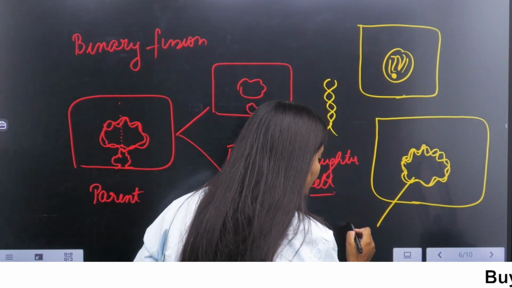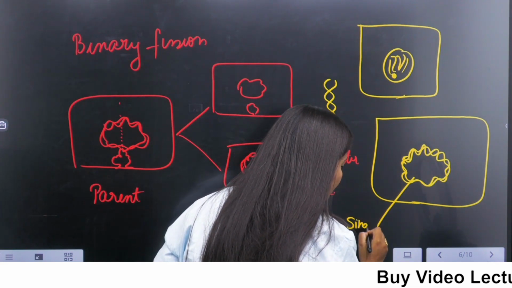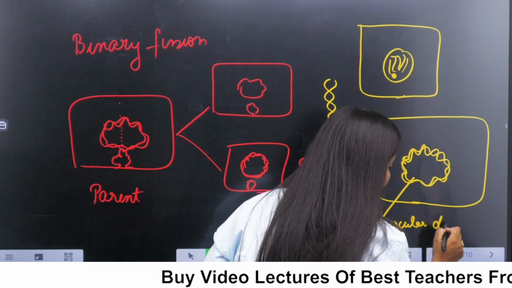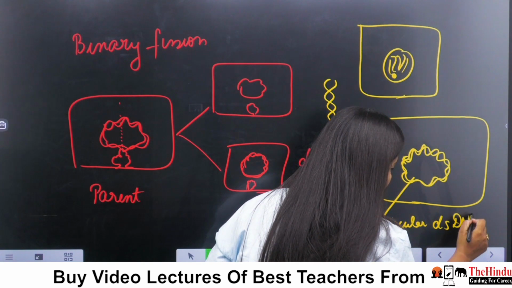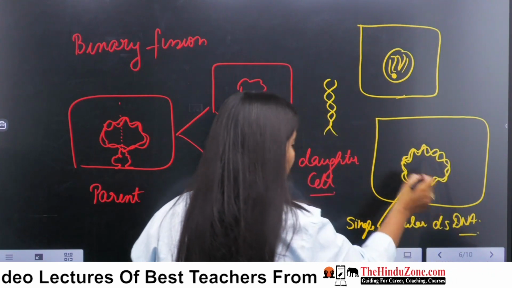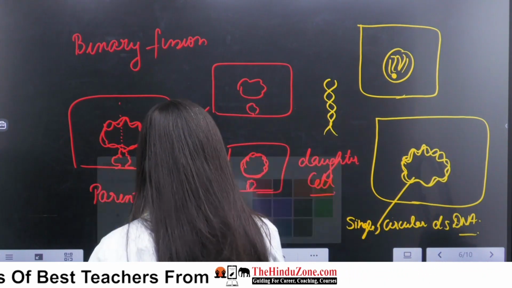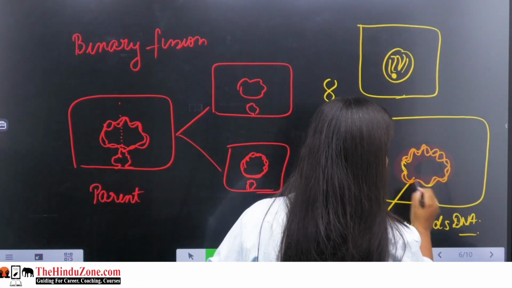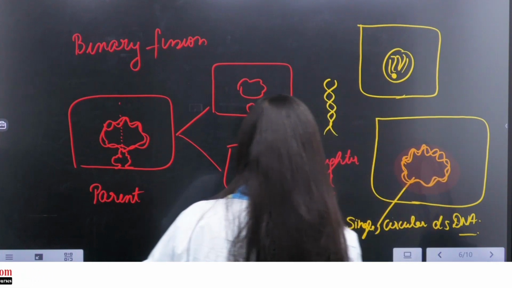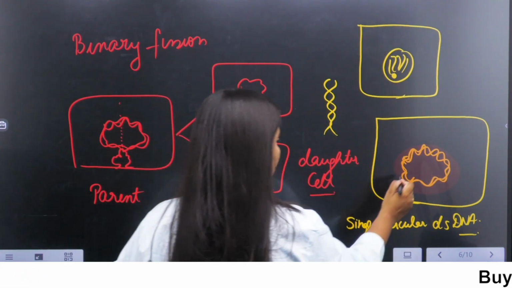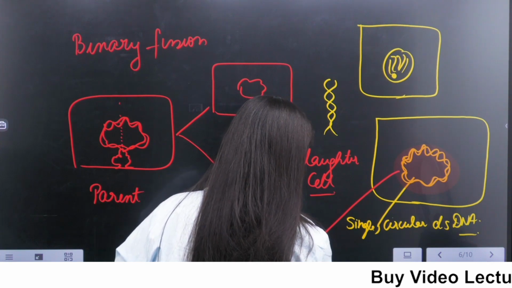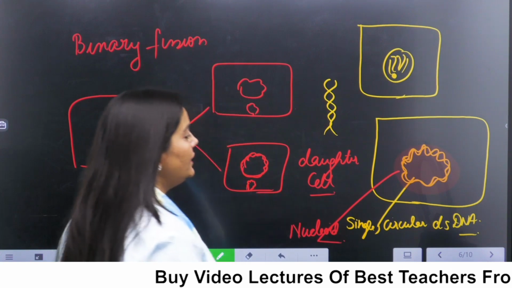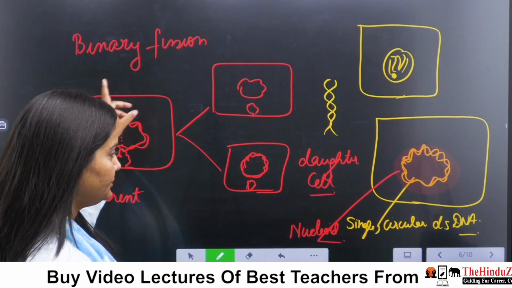So we will be marking it as a single circular double-stranded DNA. In most bacterial cells, this type of DNA is present, and again, the area where this DNA is present is termed the nucleoid. So in place of a nucleus, you are getting a nucleoid region.